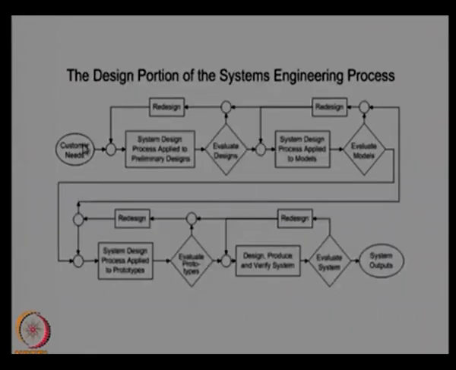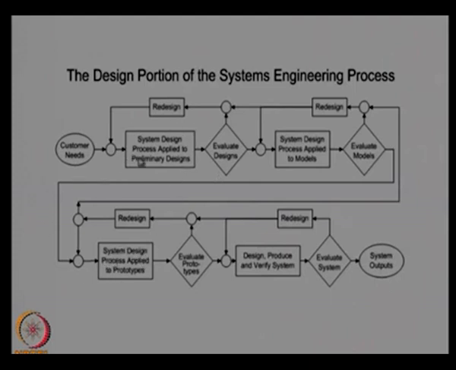And again this is from the system design point of view. From the customer needs, the system design process applied to preliminary designs, and you get a design and it will be evaluated, and again the system design process applied to models, and you evaluate the models, and these models will be given to the process applied to prototypes.